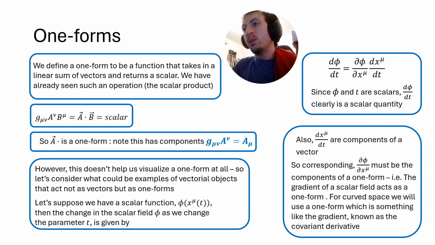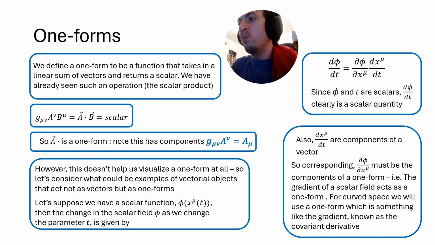But we said when we act a one form on a vector, we get a scalar. So since dx^μ/dt are components of a vector, and dφ/dt is a scalar, that must mean the partial derivative of our scalar field with respect to x^μ is a component of a one form.